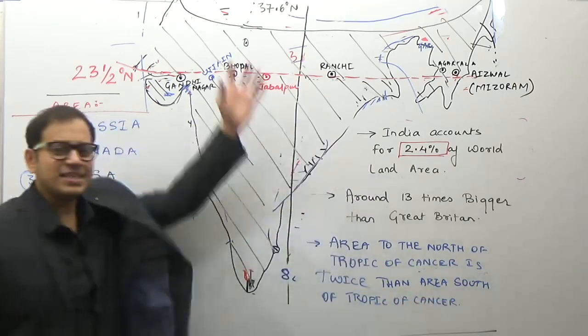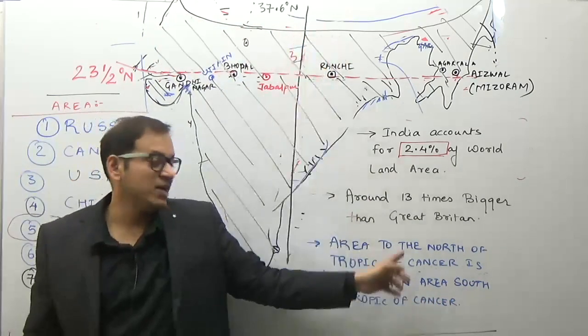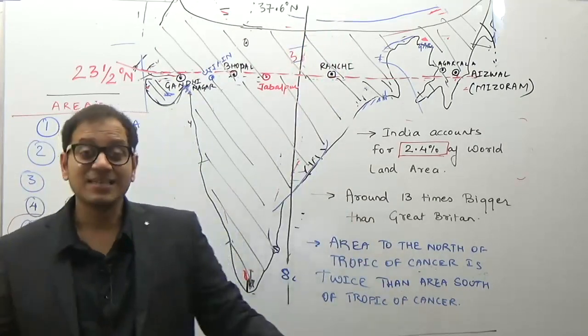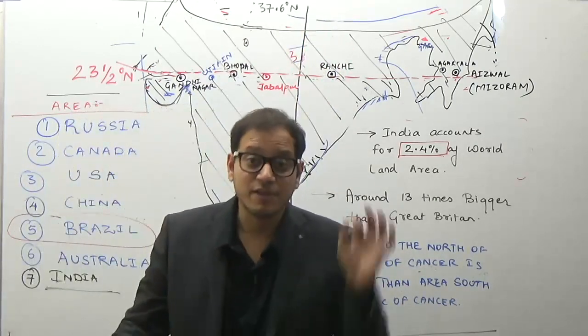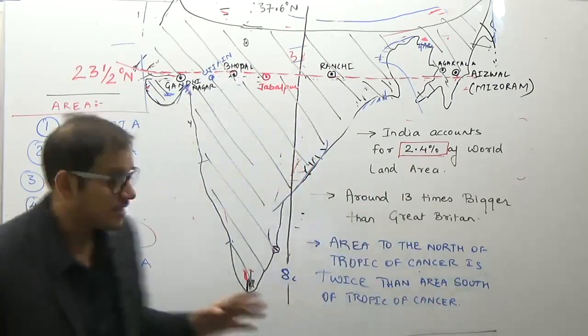Why? Because India is extremely broad and wide in the north. Therefore, the area to the north of the Tropic of Cancer is twice as large as the area to the south. Each and every statement is important. You jot it down and start revising.